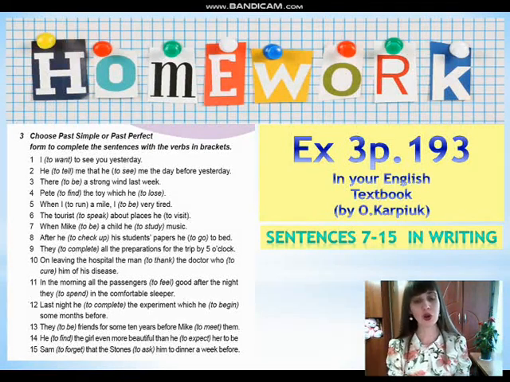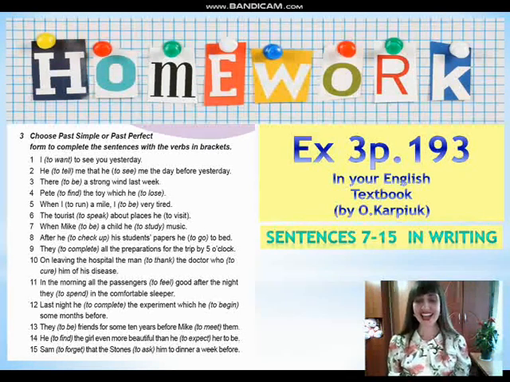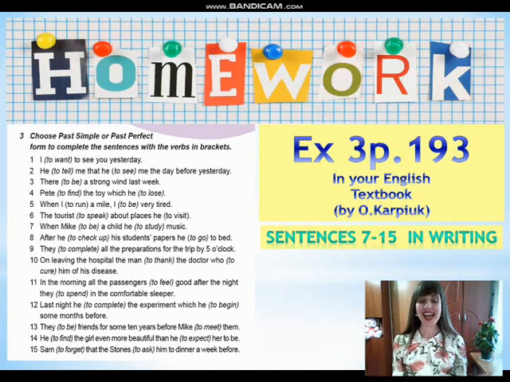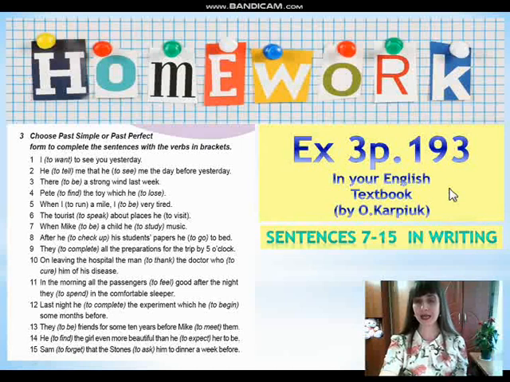Okay? My dear students, we have done a lot of work today, but you know that you should do work on your own a little bit, right? And on this slide, I have the homework for you. So please do exercise 3, page 193 in writing. But I would like you to do the sentences from 7 till 15 in writing, okay?